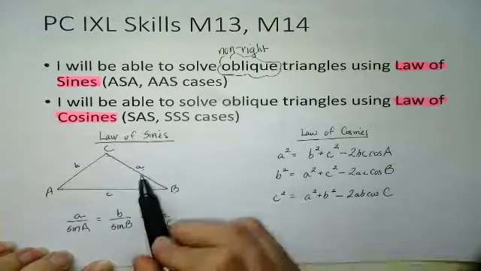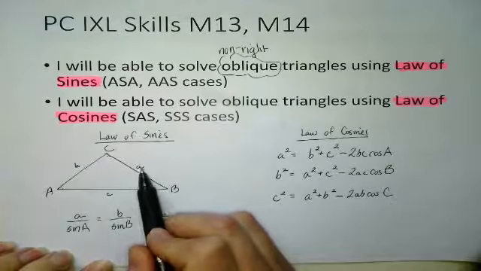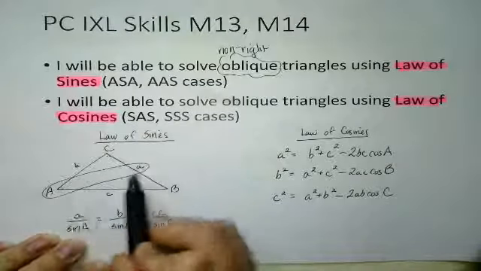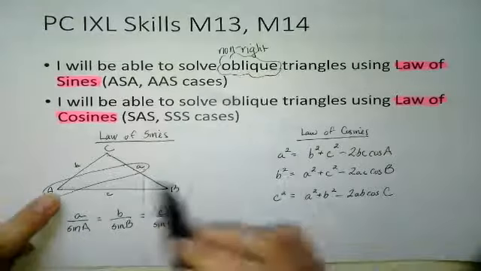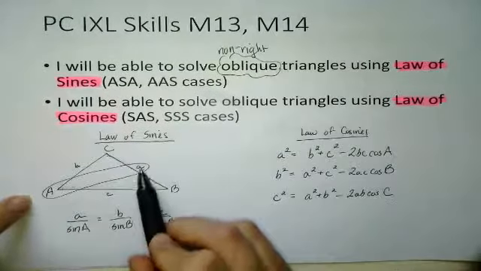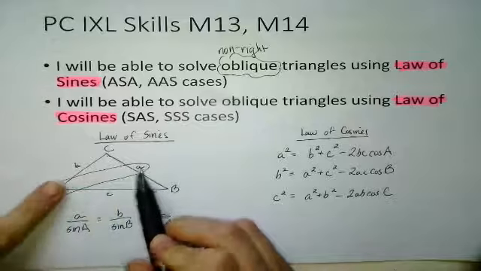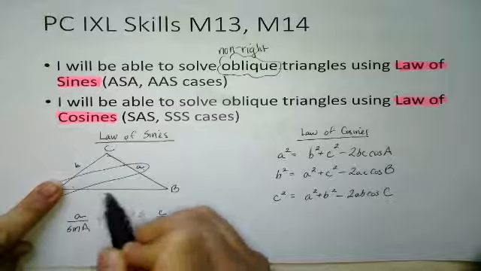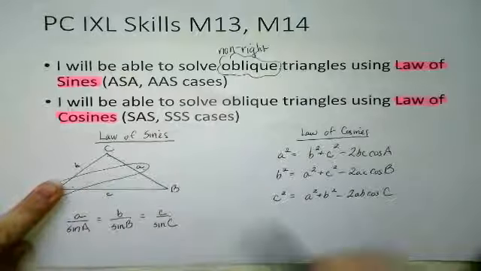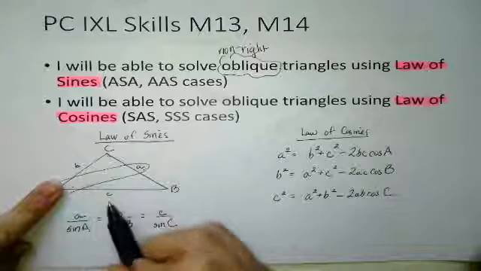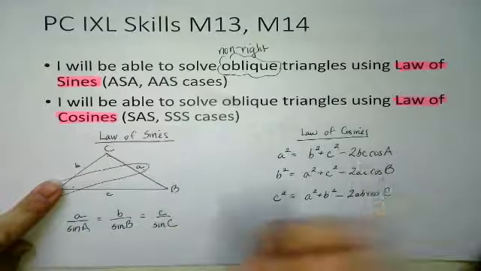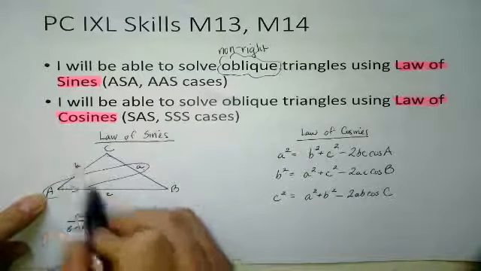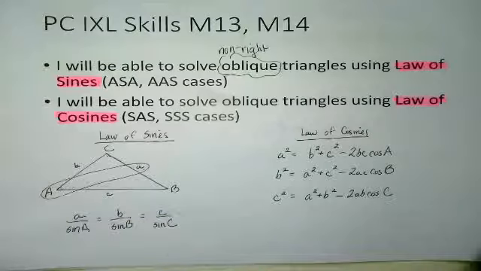The law of cosines says that side squared is equal to, and I do this a lot, I'm going to circle the opposite side and angle, the other two sides squared added together: b squared plus c squared minus twice bc, multiplying them all together, times the cosine of that included angle. The included angle is the angle between those other two sides. And that works for all of these.